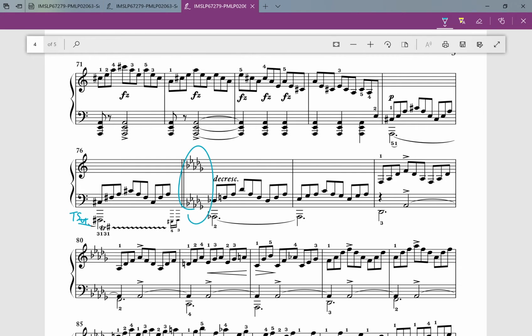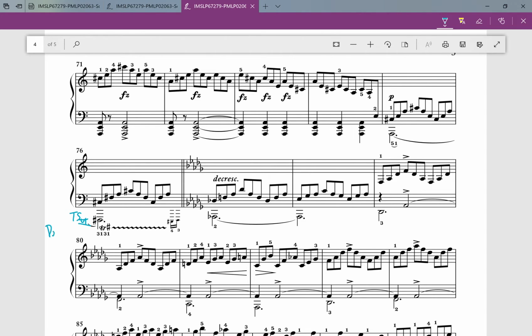then we are back to 5 flats, and then because we have D flat, F, A flat, so a D flat major chord here. So I'm going to say this is in the key of D flat major here.